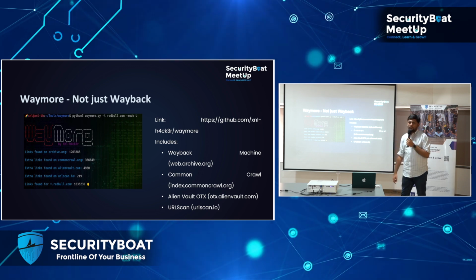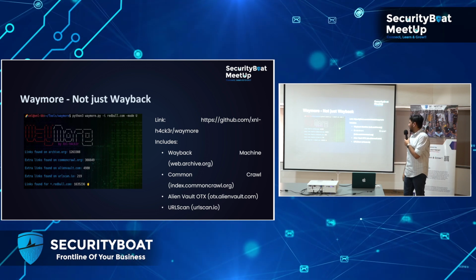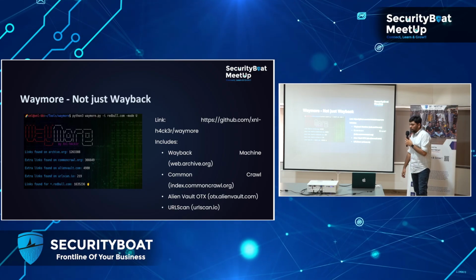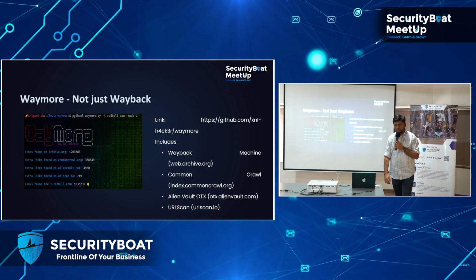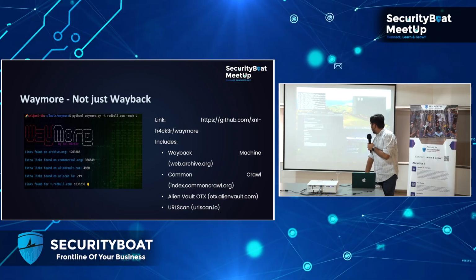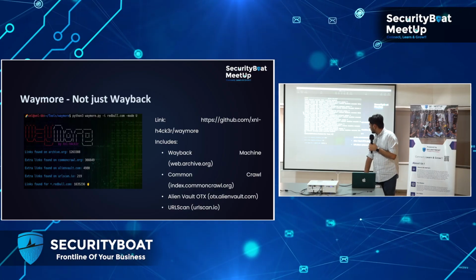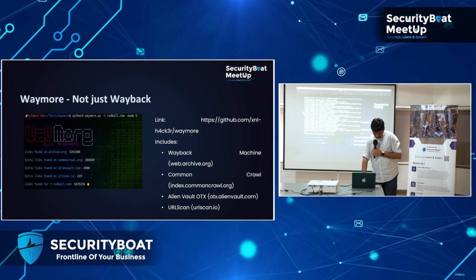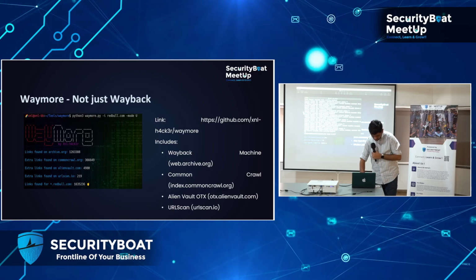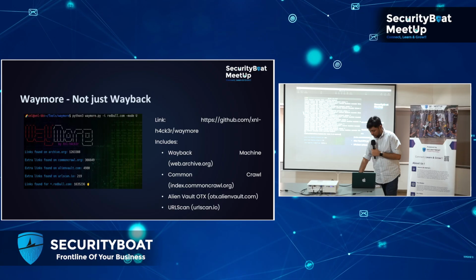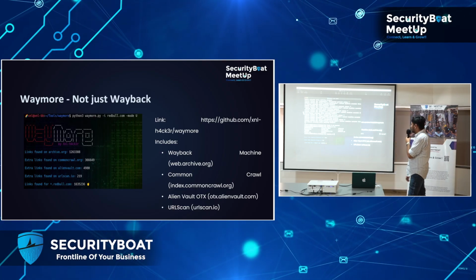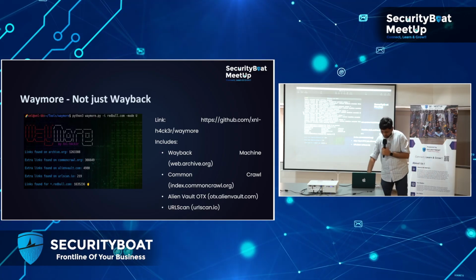It's a Python script, install it from GitHub. It's pretty simple to install. And we are going to run Waymore onto, again, tesla.com, and let's compare the results. So I'm in Waymore's repository, and I'm going to use waymore.py.